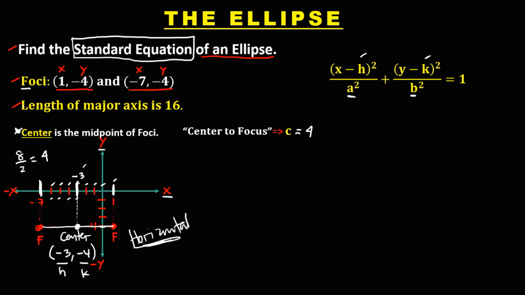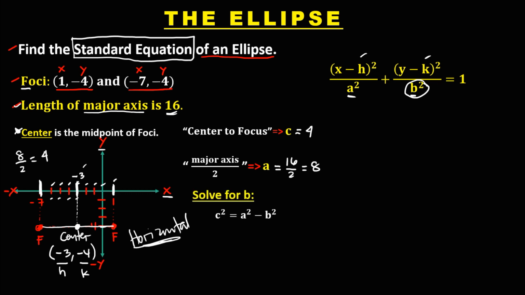Then we also have the other given, the length of the major axis. Since the major axis divided by 2 is a, and the major axis is 16, then divided by 2, therefore a is equal to 8.